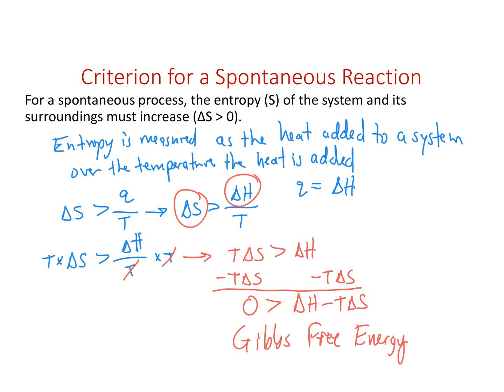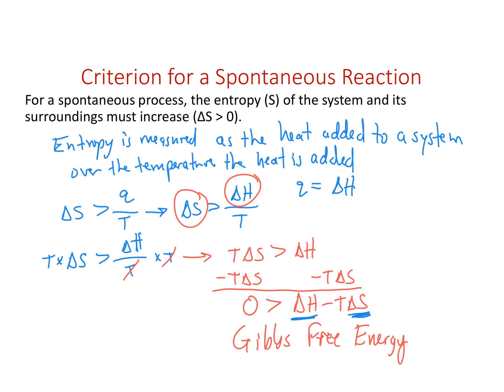Now we've added one more component to determining the spontaneity of a reaction. Initially, we were just focusing on the entropy of the reaction while ignoring the enthalpy, the heat of that reaction. Because ultimately, for a reaction to be spontaneous, we need to increase entropy for the universe.